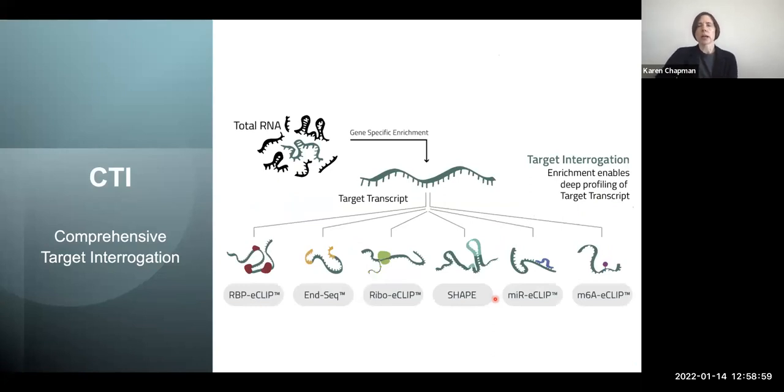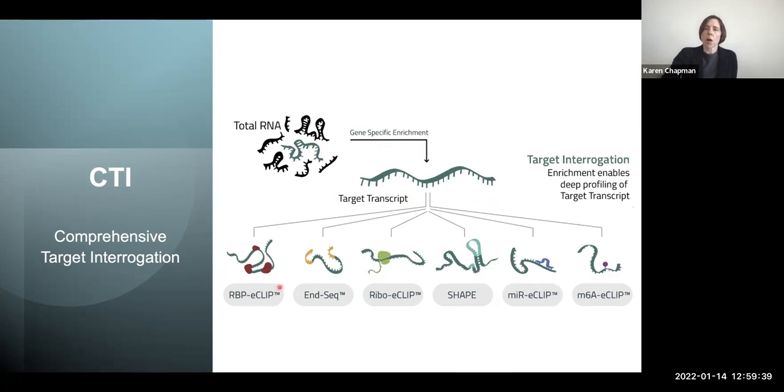So finally, I want to just talk a little bit about the power of these technologies, and what it means when you have access to all of these technologies simultaneously. And as I mentioned, particularly in the context of the microRNA technologies I was talking about, with respect to getting deep data around particular target transcripts, gene enrichment, what we call gene enrichment, but actually we're enriching for an RNA of interest, can be employed to get deep data.